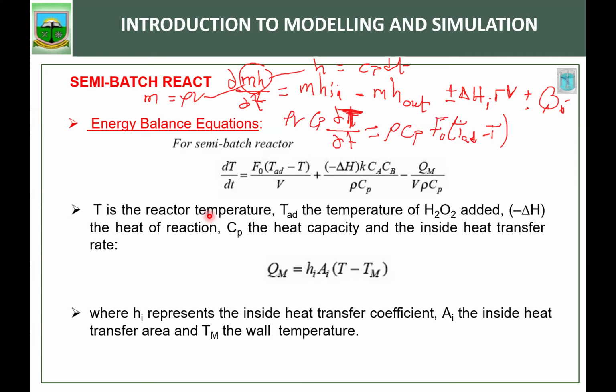Okay, because this product A is coming in with a certain temperature. So that temperature minus the temperature in the system. Then plus the term due to the reaction. So we know our delta H, we know our K.